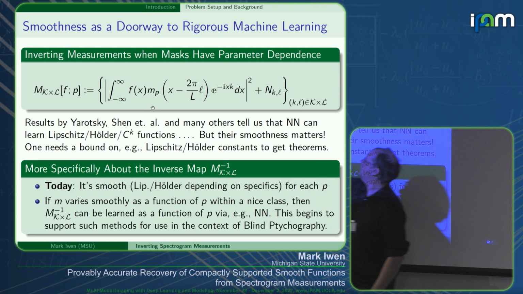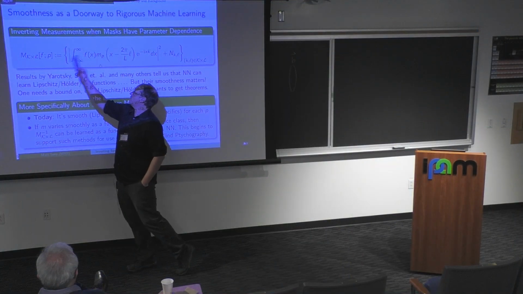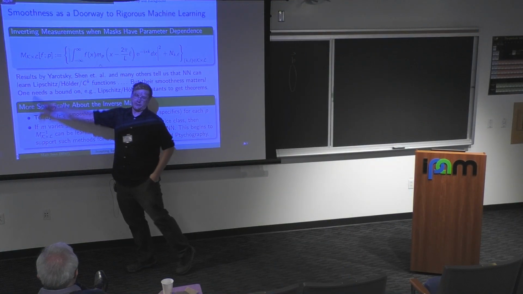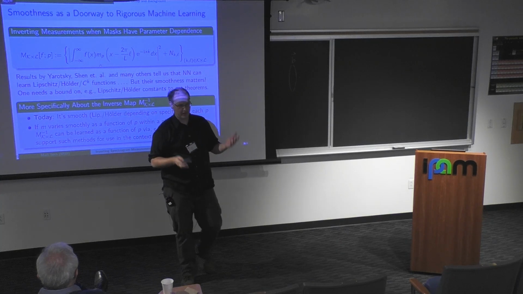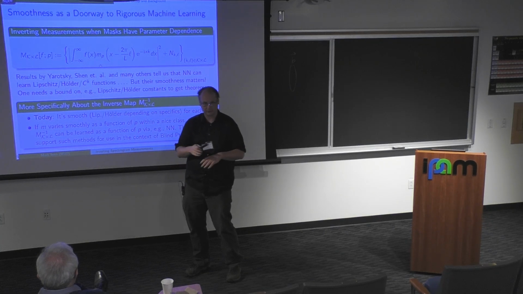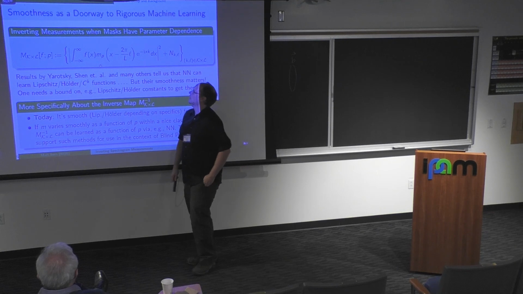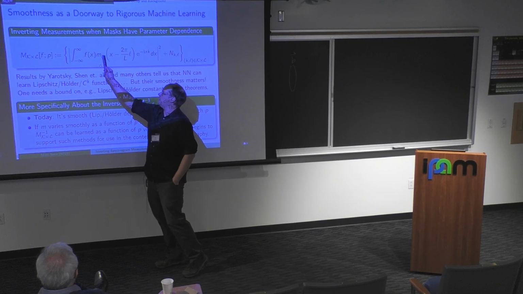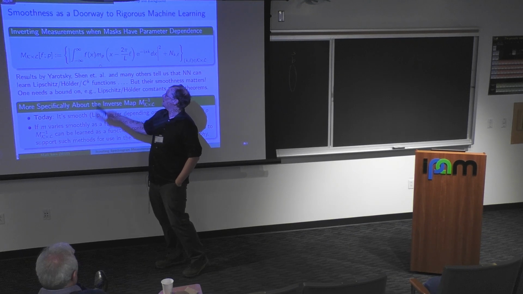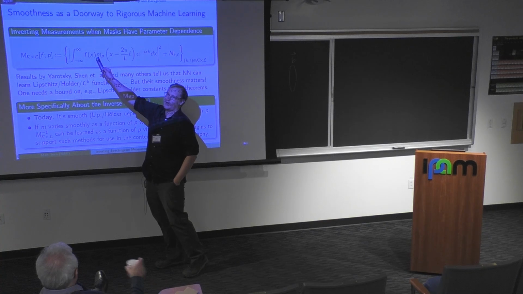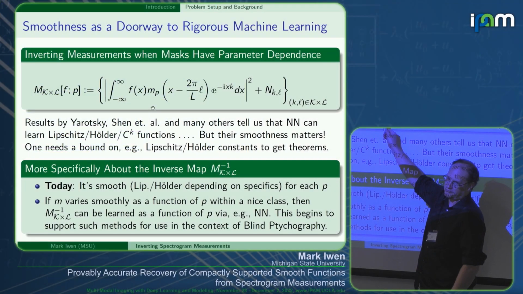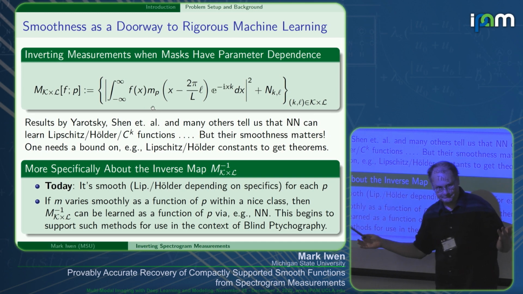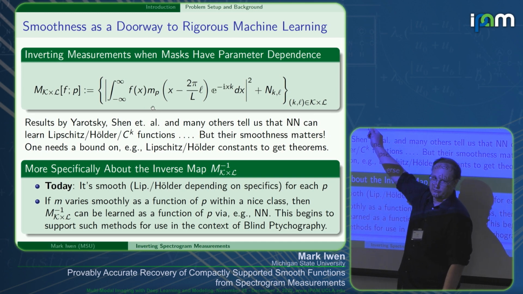Well, maybe you could consider your masks to be parameterized by some set of parameters, temperature in the lab, the setup of your stage, things like this. So you effectively have a different mask, maybe for every different parameter. And then if you know that for a certain class of masks that you get from your parameters, you have some amount of smoothness in your inverse for at least some class of functions f.